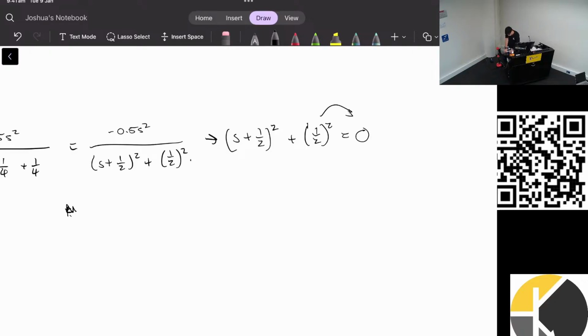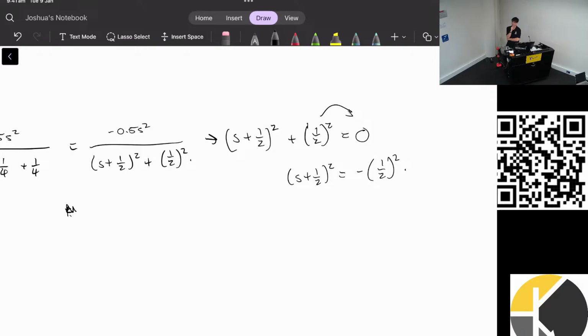I'll bring this to the other side. So we have s plus a half squared equals minus a half squared. What would I do from here? Just expand it, I guess. If I expand it out, I'm not sure if that would help. We might go back to where we started.